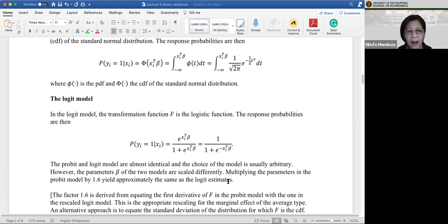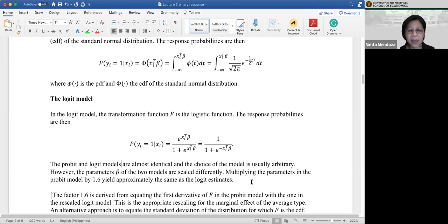Okay. The probit and logit models are almost identical, and the choice of the model is usually arbitrary. However, you can try this out in Stata.